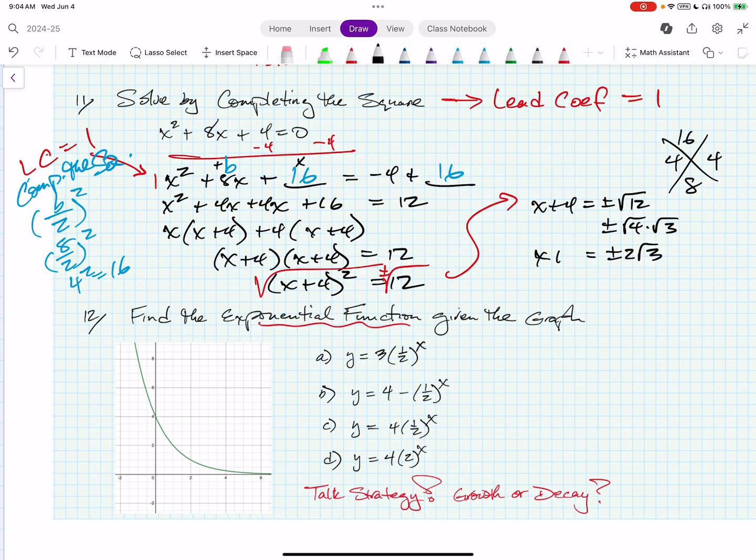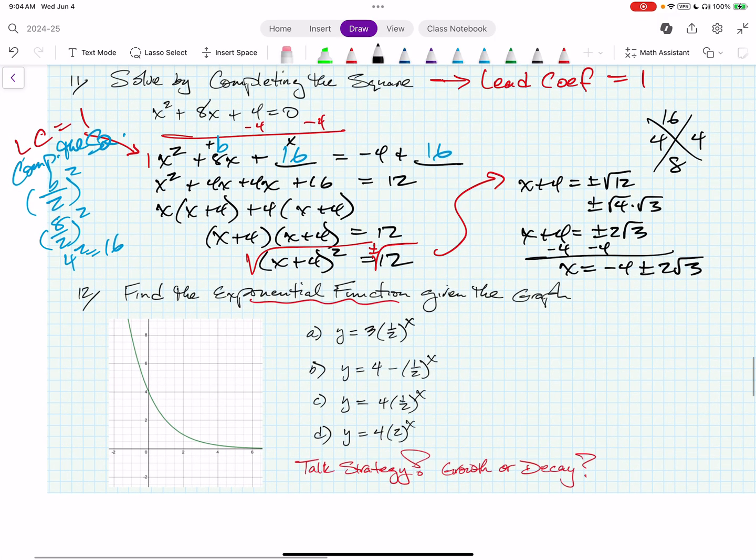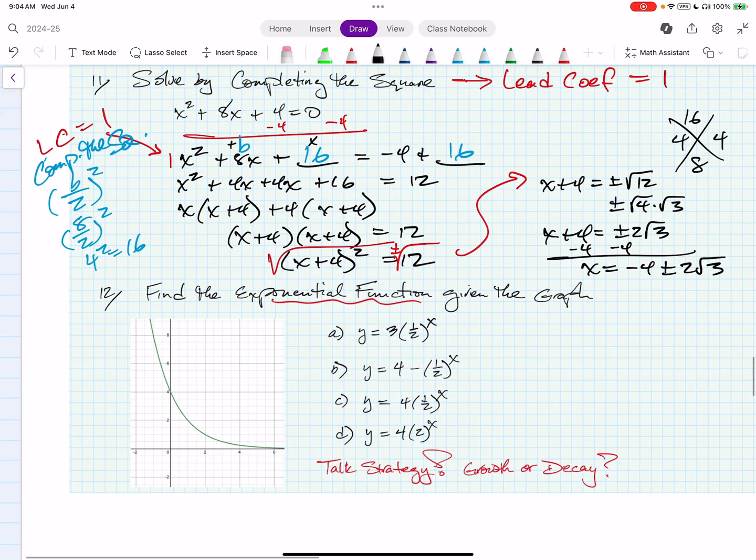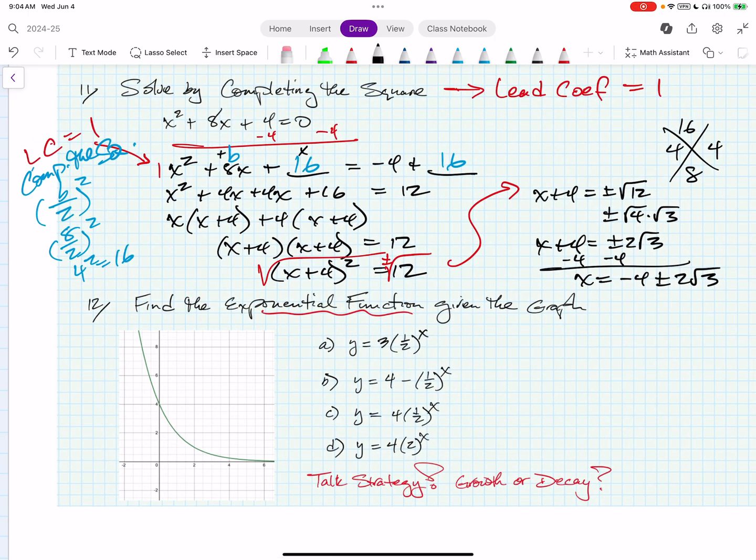So you have x plus 4 equals plus or minus 2 root 3, and then all you have to do is subtract 4, and then you have x is equal to -4 plus or minus 2 radical 3. And notice, no calculator needed. You just have to use your skills. This is what we've been developing for the last 3 months: factoring, solving, and simplifying. And again, this just shows that you can actually apply what you've learned throughout the year, guys.